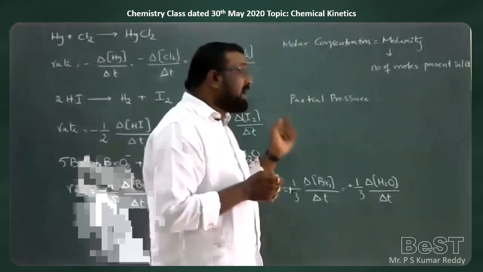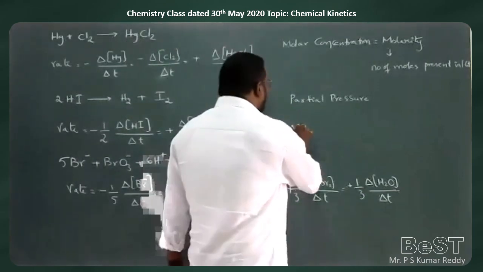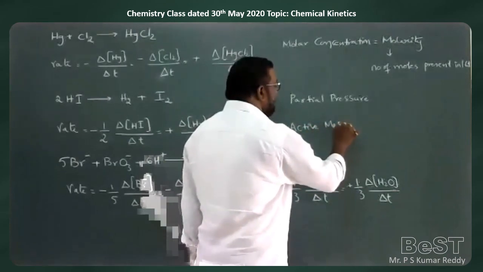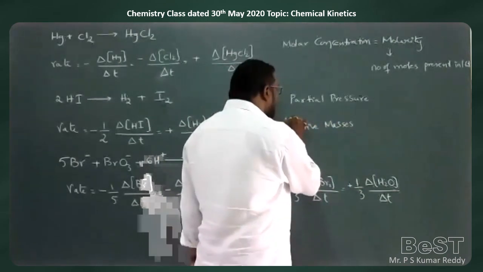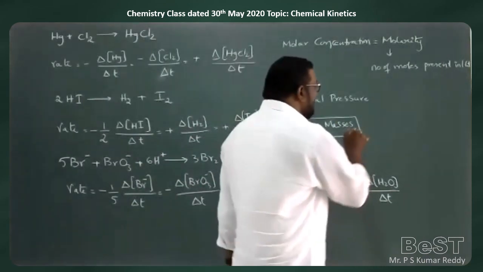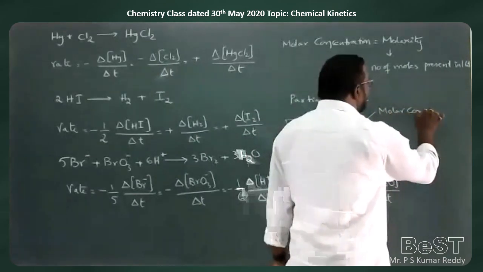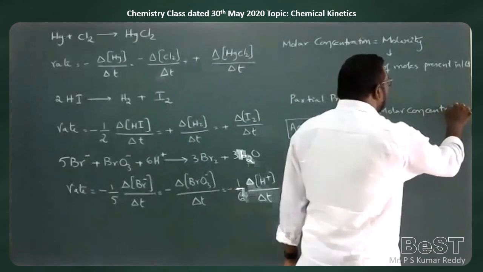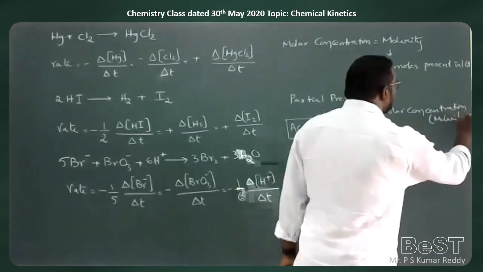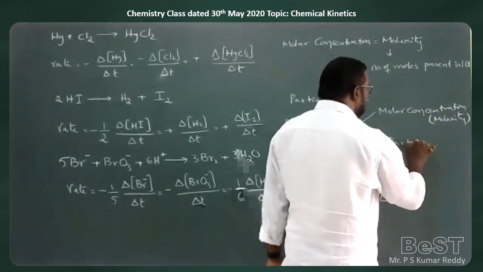Molar concentrations and partial pressures are together called active masses. So hereafter, whenever you come across the word active mass or active masses, you must remember that it is nothing but molar concentration or molarity, or partial pressure.